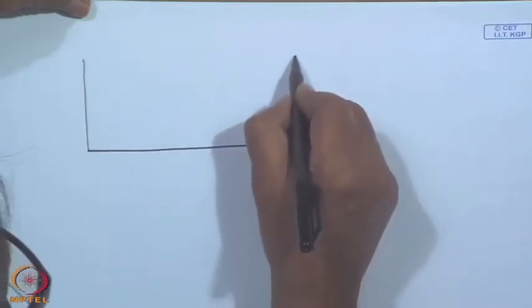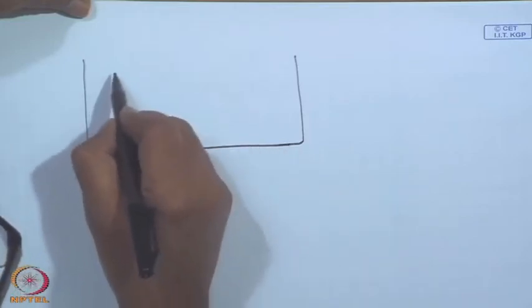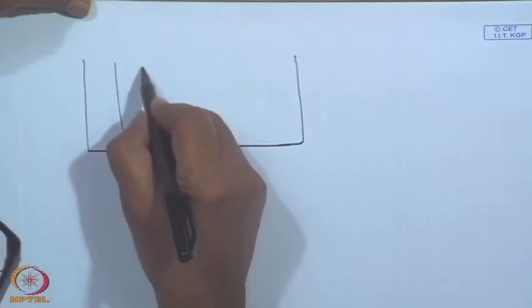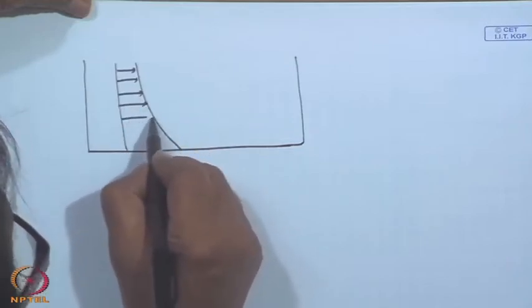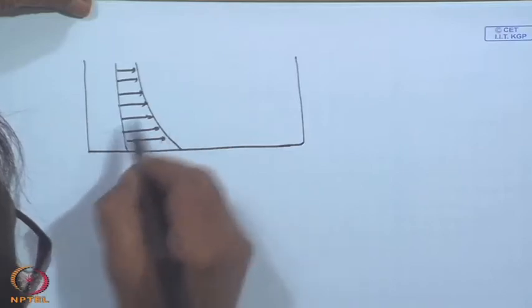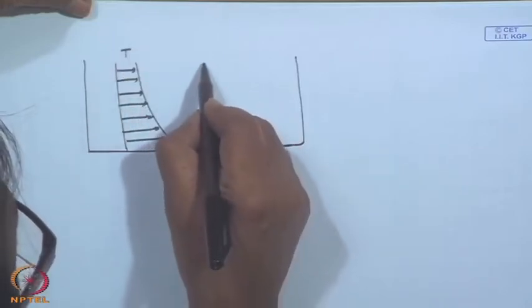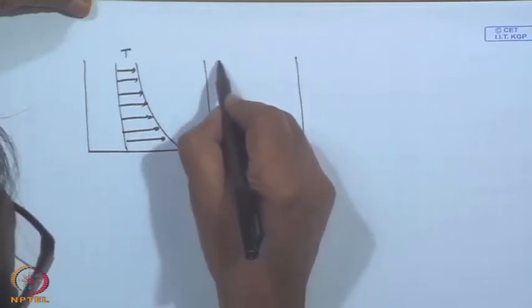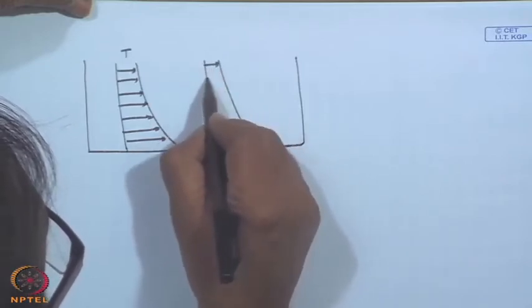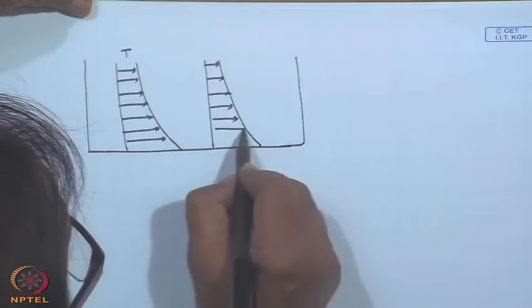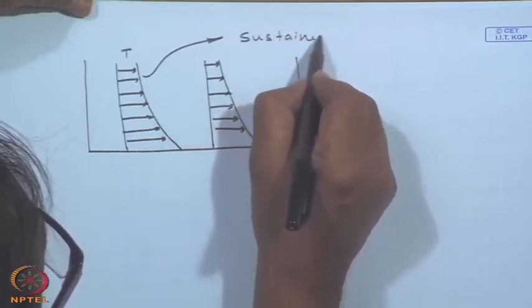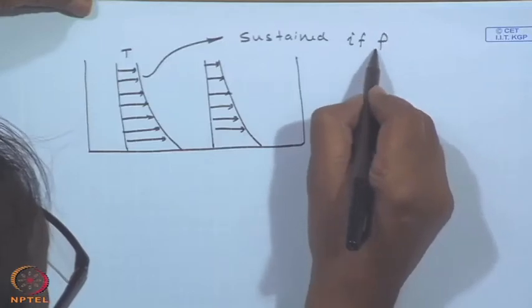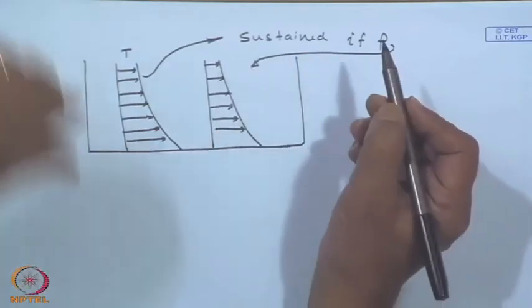Instead, if you have the temperature distribution like this, hotter at the bottom and cooler at the top, and this will be sustained if the density is like this, right.